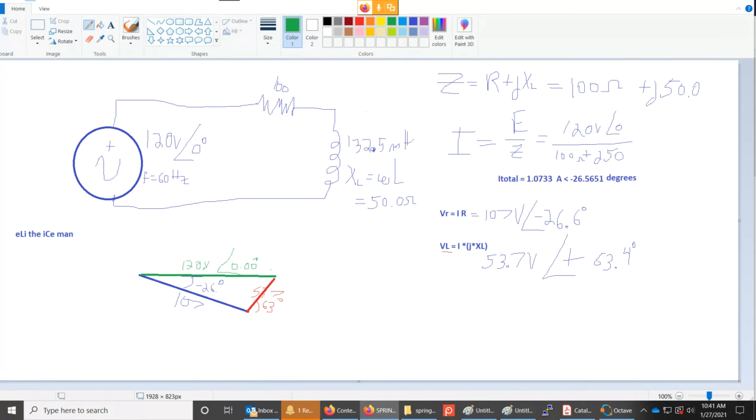All right, so let's take a look then. Let's look at it from a different perspective. Let's say that I have a current and I want to find the voltages.